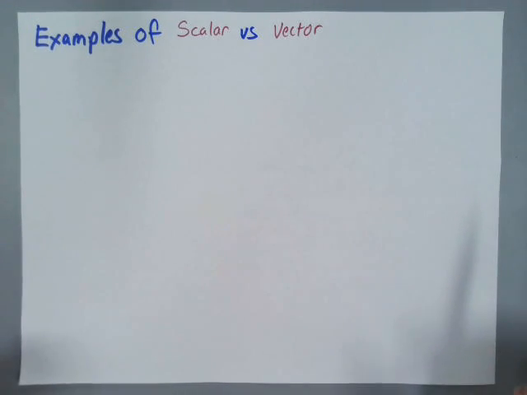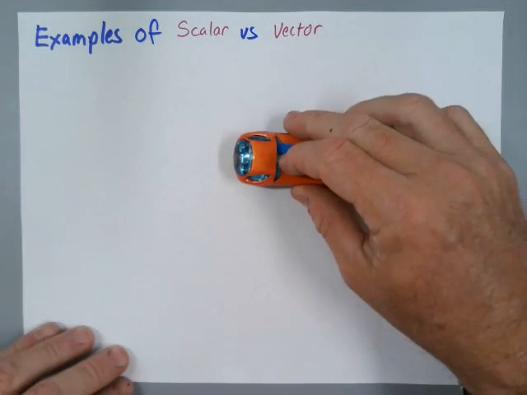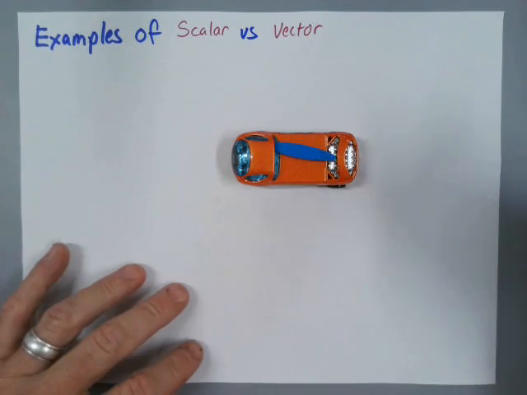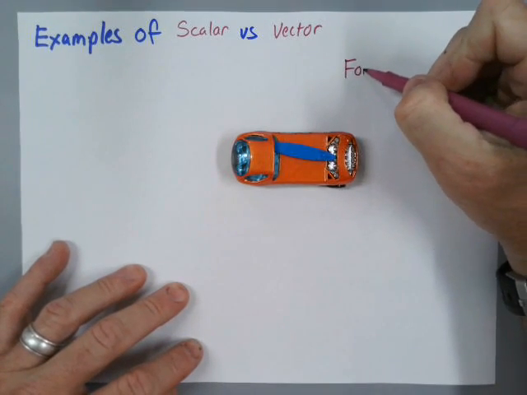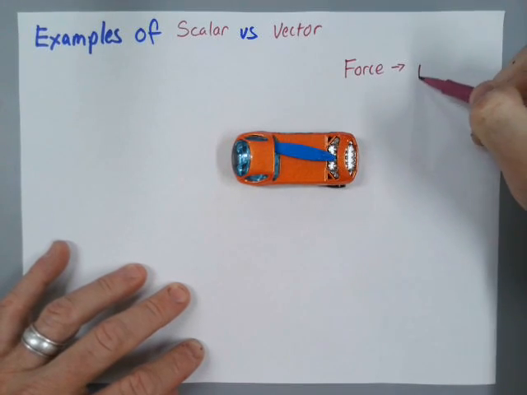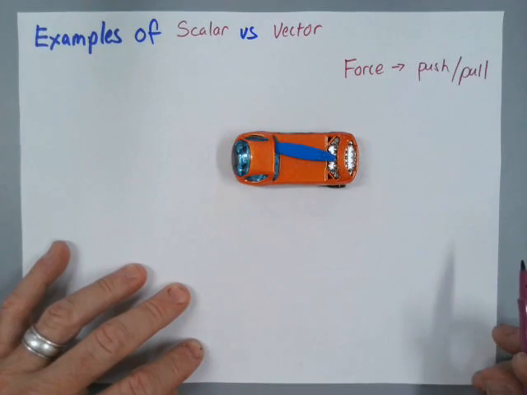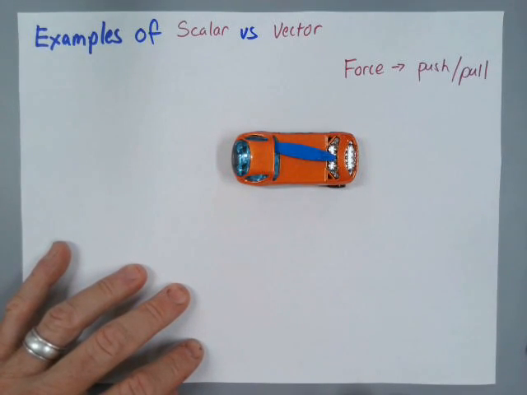So let's compare a scalar to a vector. An example of a vector here would be force. If you remember from your 8th grade physical science, that force is defined as a push or a pull. I want you to think about pushing or pulling on this car.